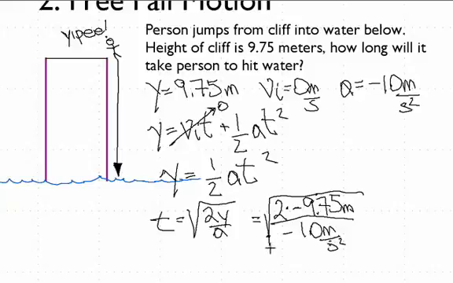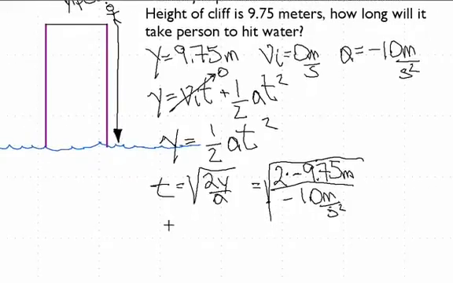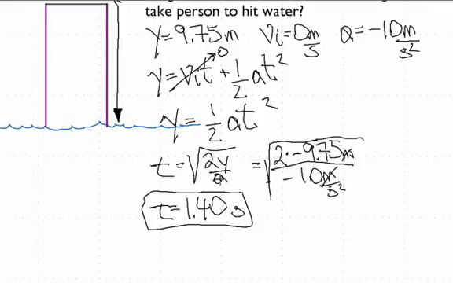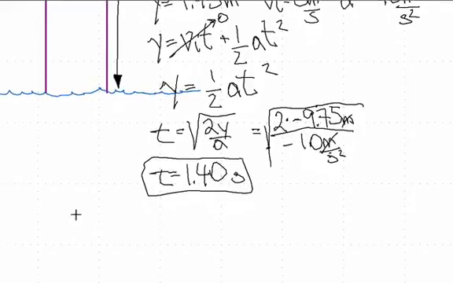Okay, and in this case, we get that the time equals 1.40 seconds. You can see we have meters here. This cancels with this. When we take the square root of second squared, we get seconds, and therefore that's our answer. Okay, so the time is 1.40 seconds.